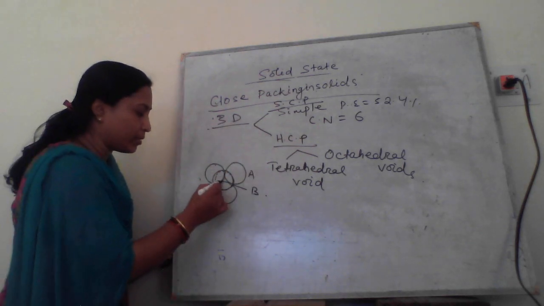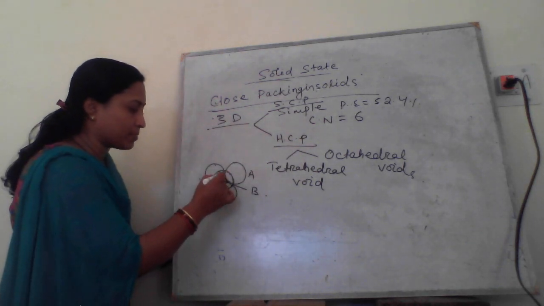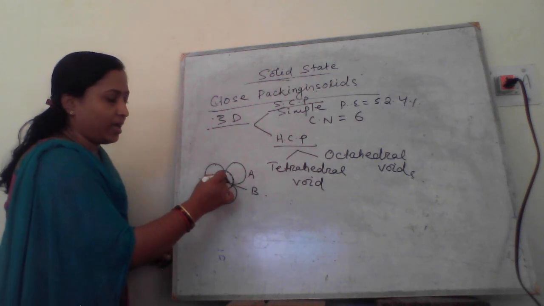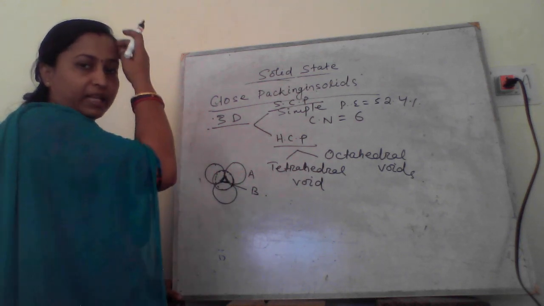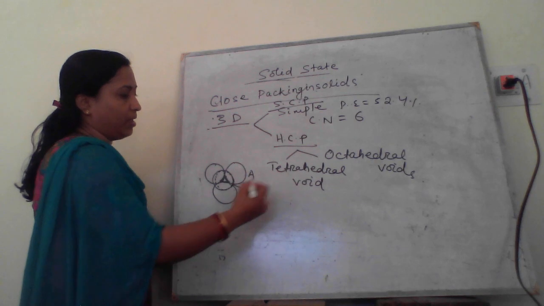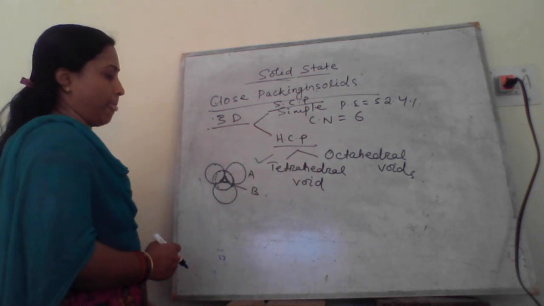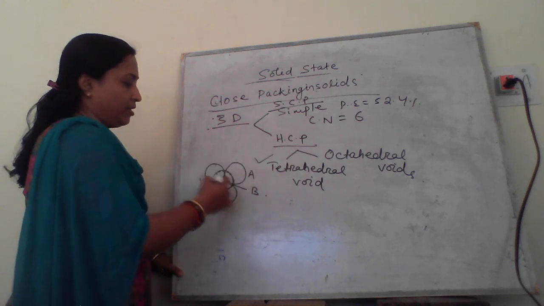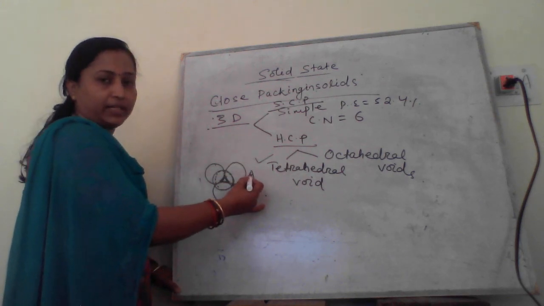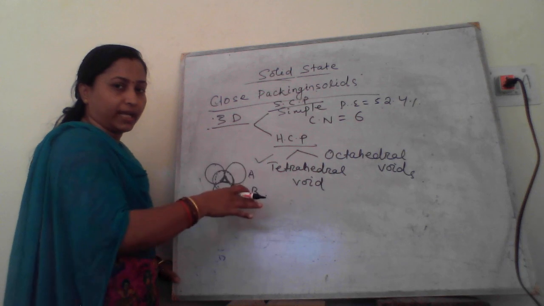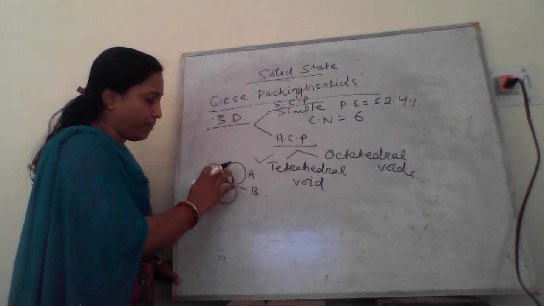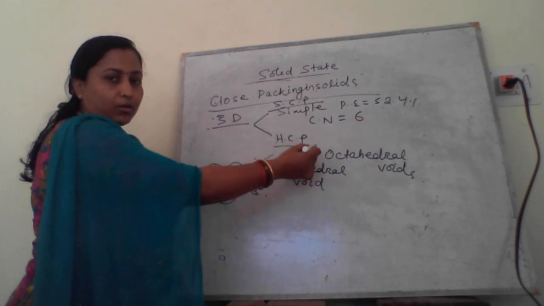So in between these four atoms, an empty space is available, that is known as tetrahedral void. Understood? In the first layer, arrangement is A type, but in the second layer, the arrangement is B type. So it is your hexagonal close packing.